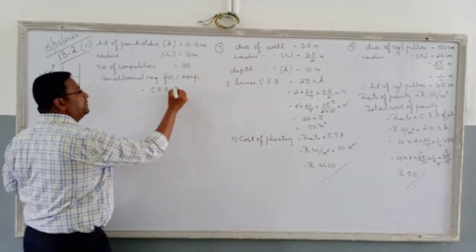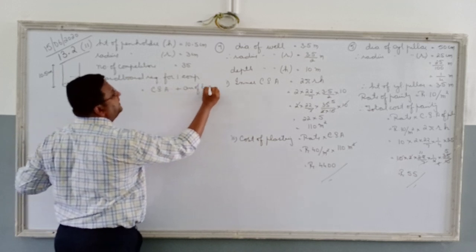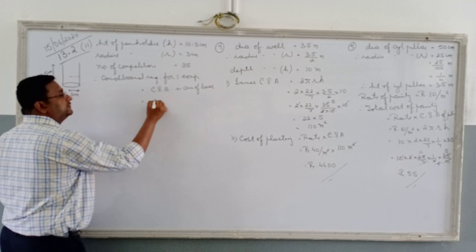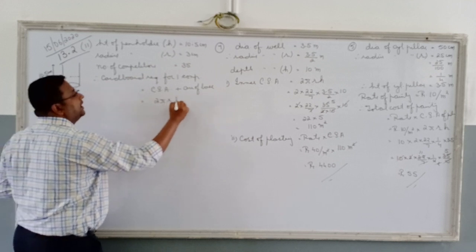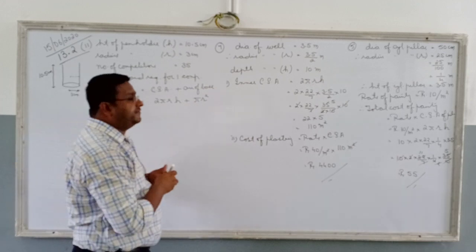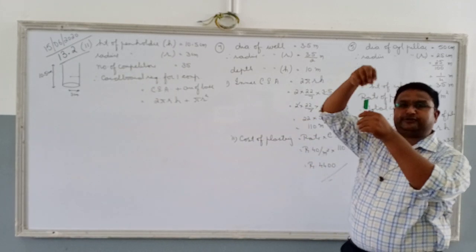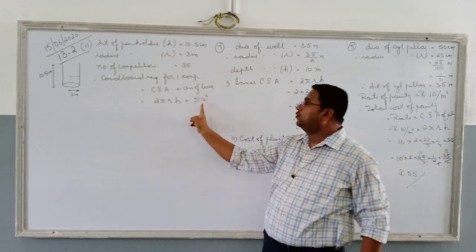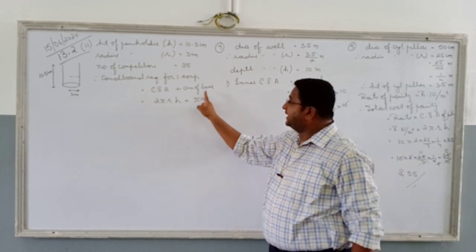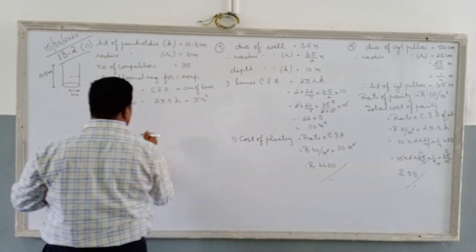Plus area of base. So curved surface area of cylinder 2 pi r h plus area of base pi r square. I hope everyone is clear. Pen holder has to be closed from the base and it has to be open from the top. That is why only one circle. That is area of base, that is what? Circle.